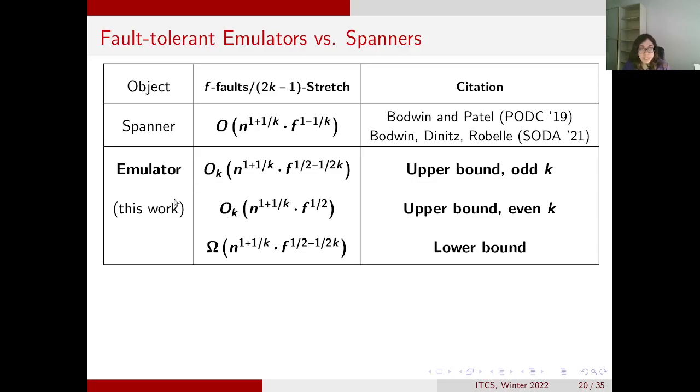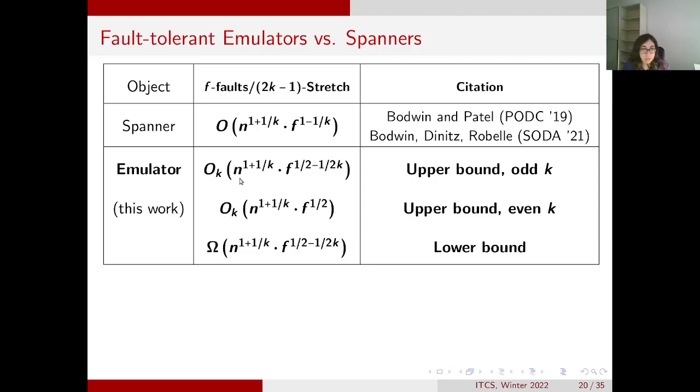And what we show is that for emulators, we can at least improve this size by up to square root f for even k. And for odd k, we go further and get a bound that matches a lower bound that we also show.